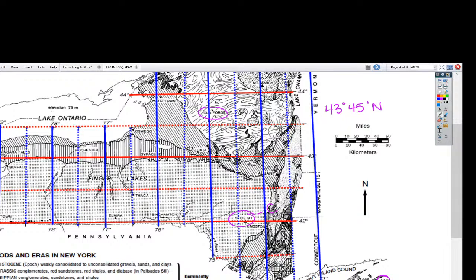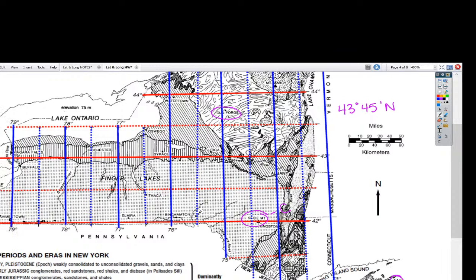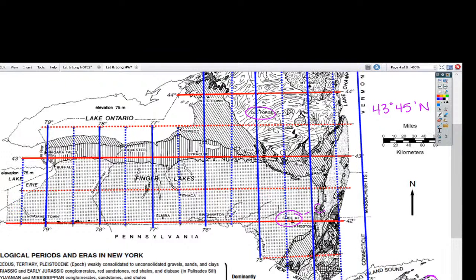Can somebody name a place along the 76 degrees, 30 minutes west line? So 76 degrees, 30 minutes. You find these two, and our 76 is this dotted line in between 76 and 77. What's a place that's right along in 77, right by the Finger Lakes?